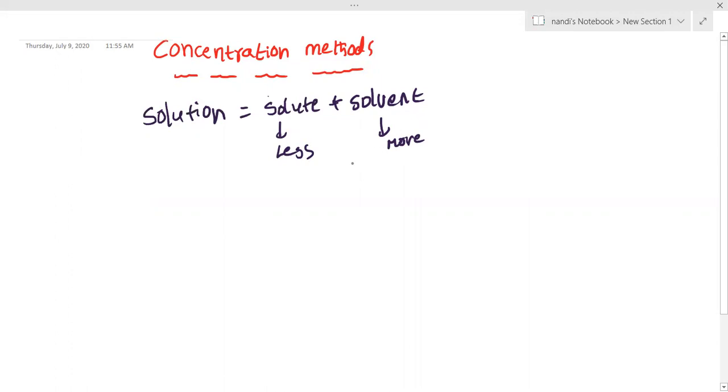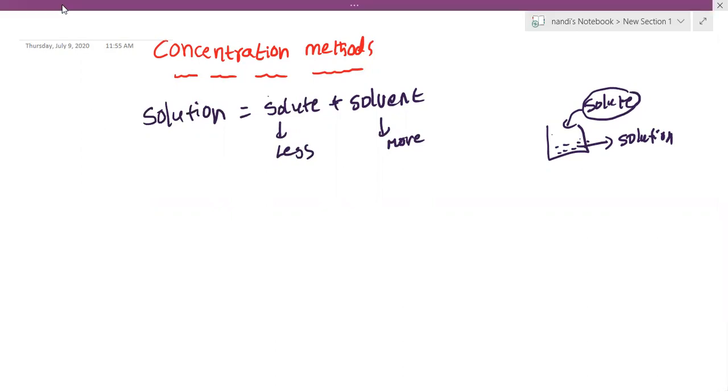So in this chapter our target is very simple: in a given solution, how much solute is present, that is what we are going to calculate. In this solution, how much solute is dissolved, that's our target. So I'm going to express different concentration methods, one by one, and we'll discuss them here.